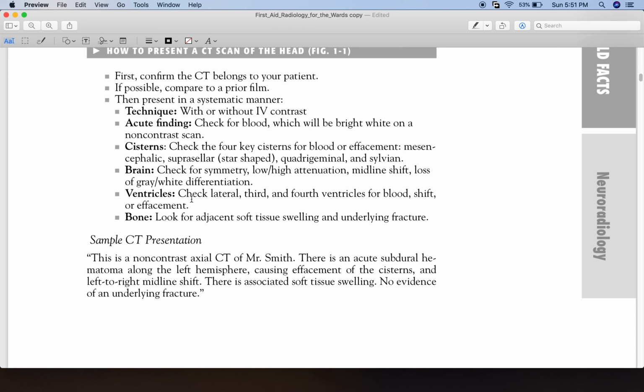We check the lateral, third and fourth ventricles for blood, because of course blood is going to accumulate in the ventricles, and we check for a shift in the midline or effacement. Okay, the next point is we check the bone. Look for adjacent soft tissue swelling and underlying fractures, which we'll talk about next time. We're going to talk about linear and depressed fractures.